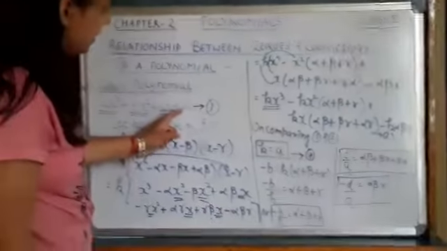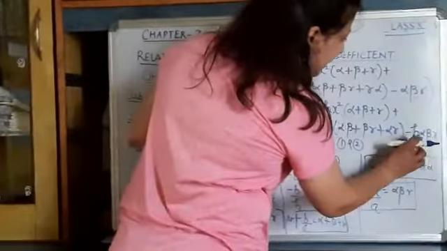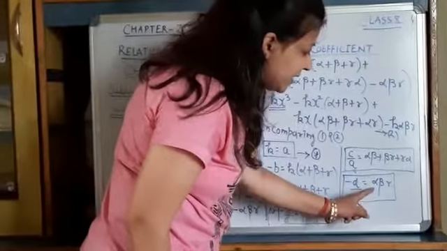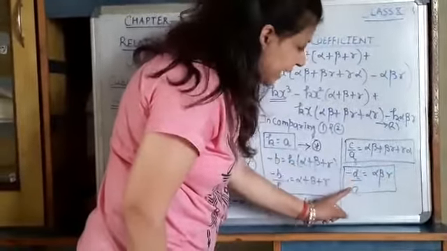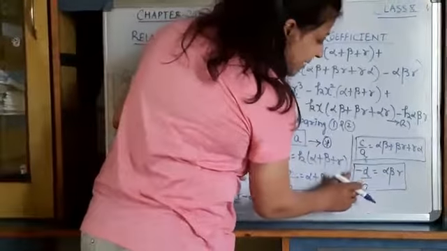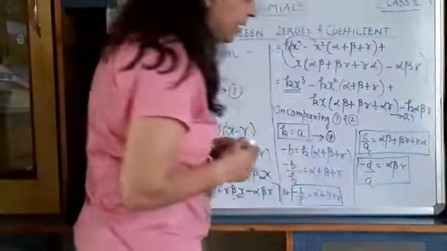Now the last constant term: d will be equal to minus k alpha beta gamma. So minus d by k is equal to alpha beta gamma, and k can be replaced by a from the star equation. So minus d by a is equal to alpha beta gamma.